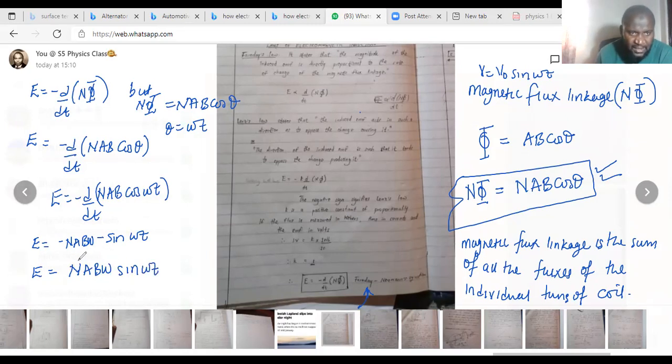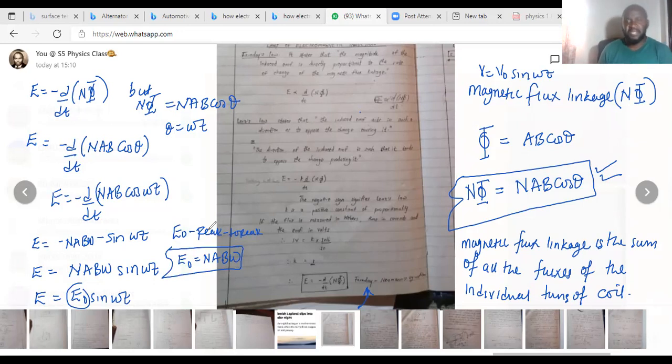Now, because this is sinusoidal, it is in form of trig functions, it can be defined as EMF is equal to E naught sine omega t, where the value of E naught is what we shall call the peak voltage. So the peak voltage E naught is equal to NAB omega. With that essence, you'll be in position to predict whatever you want.